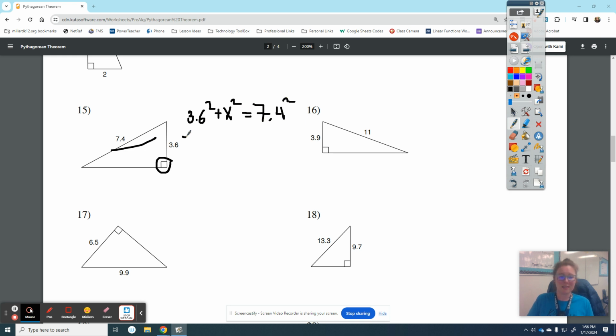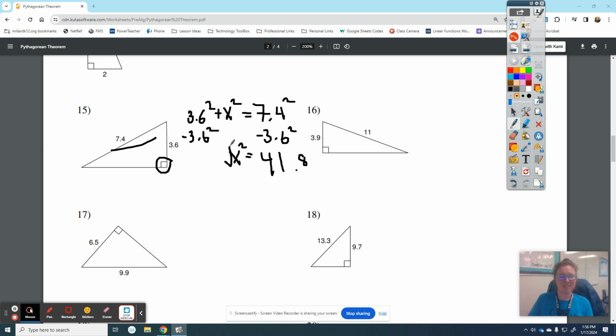Now I can subtract 3.6 squared on both sides of the equal sign because I'm trying to get x by itself. Now I'm going to type this in the calculator. 7.4 squared minus 3.6 squared is different than just 7.4 minus 3.6. So 7.4 squared minus 3.6 squared is 41.8.